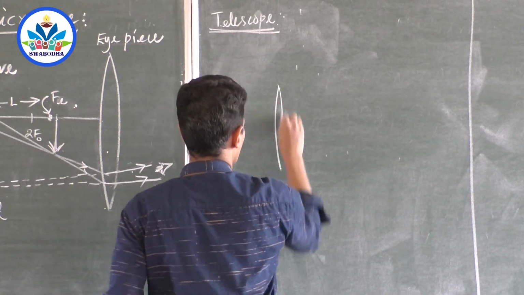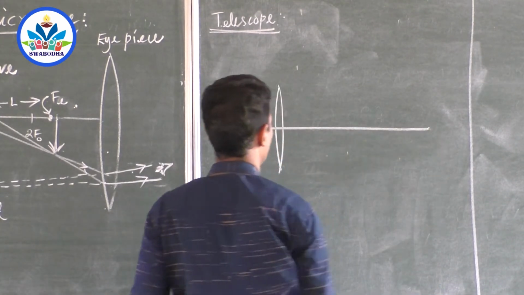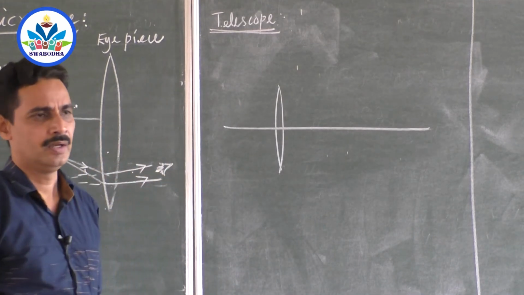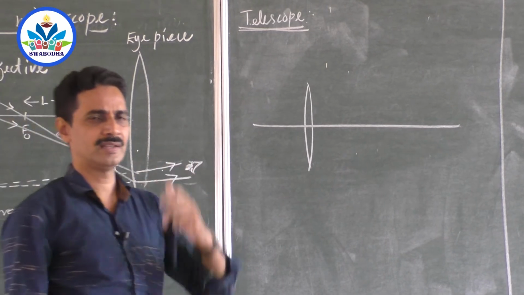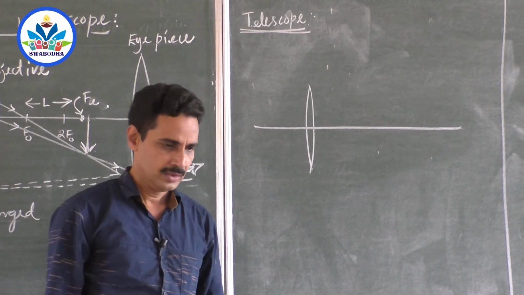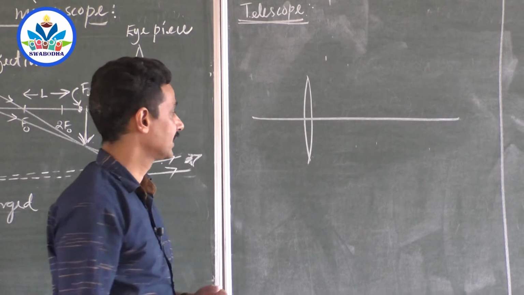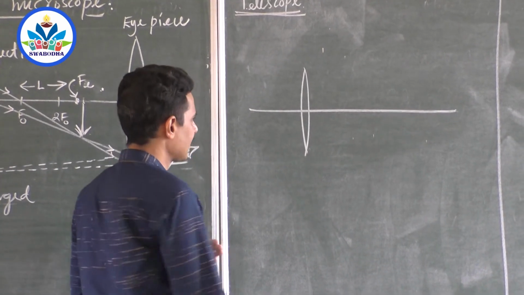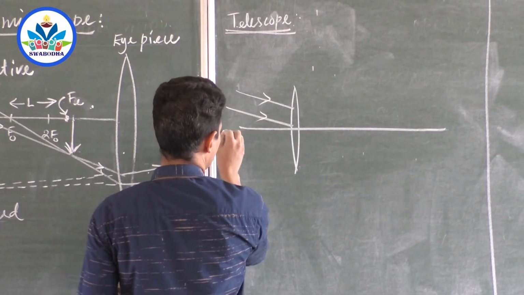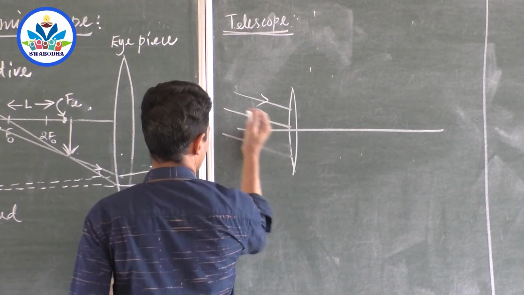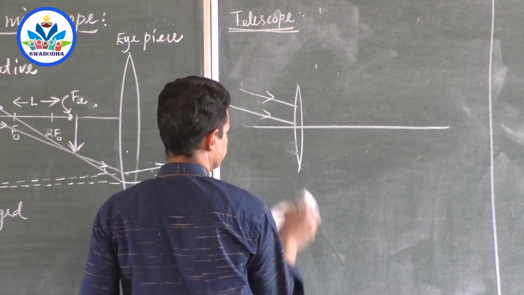Now, since you are looking at a very, very far away object, what type of rays are coming from the very far away object compared to the size of the lens in the telescope? It is almost parallel. When the object is at a very large distance, the rays coming will be almost parallel. I will take 3 rays of light, or you can take even 2 rays of light. Either 2 or 3.